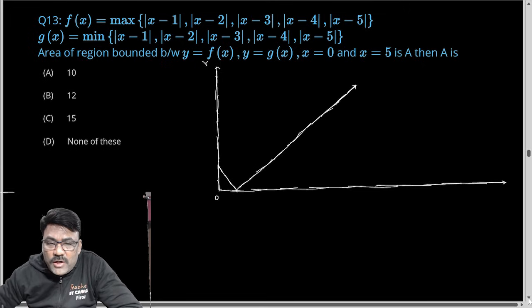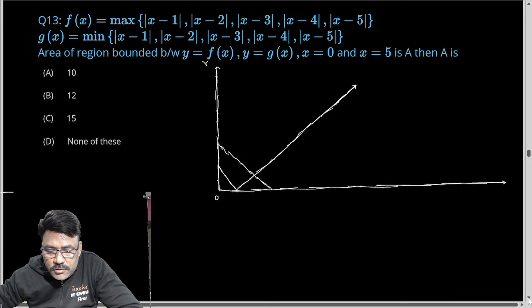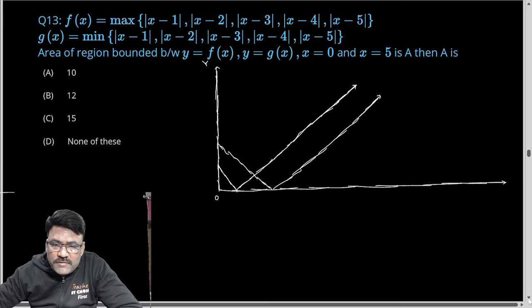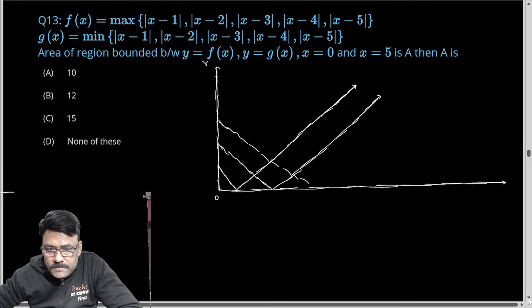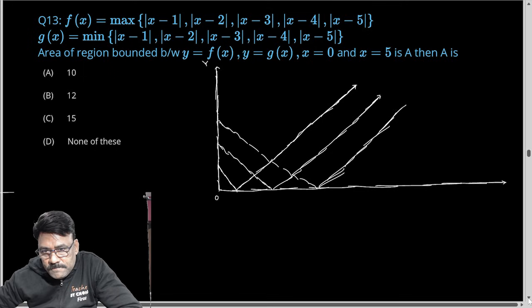Then y is equal to mod x minus 2, again a V-shaped graph, turning point at 2. This is mod x minus 2. Y equal to mod x minus 3 is again a V-shaped graph, but turning point at 3.